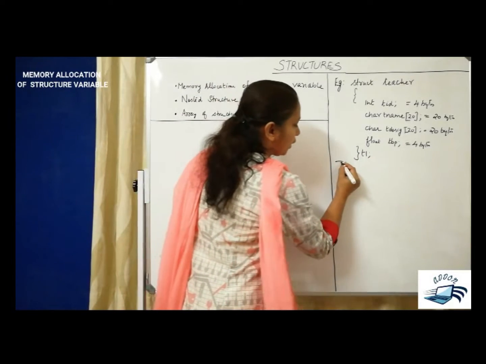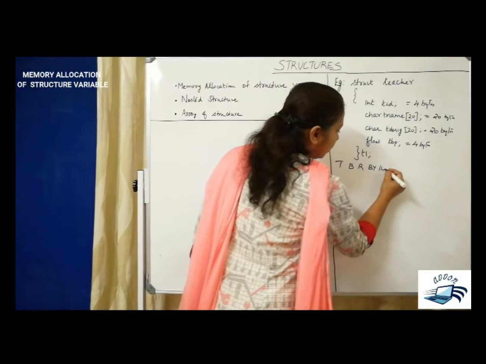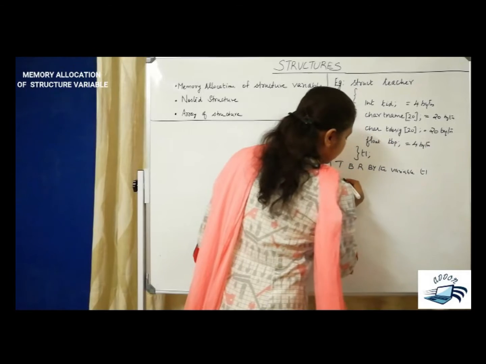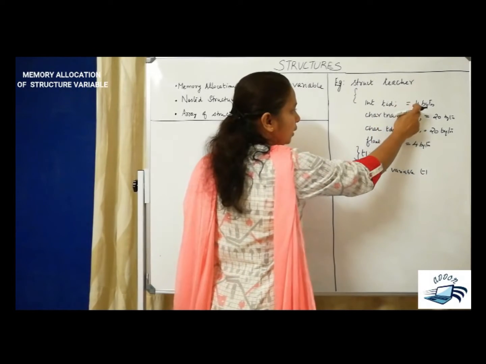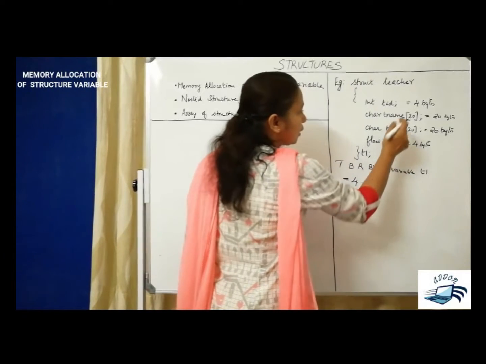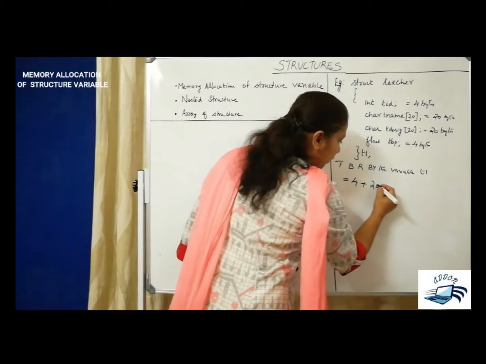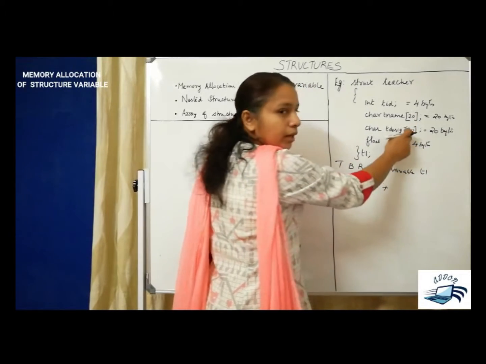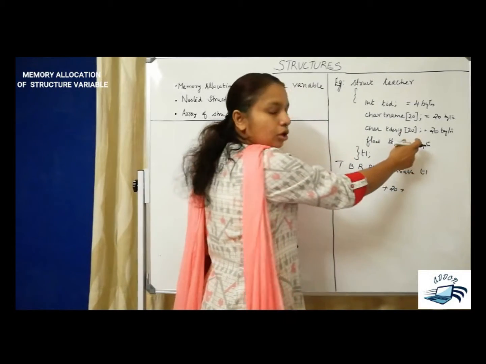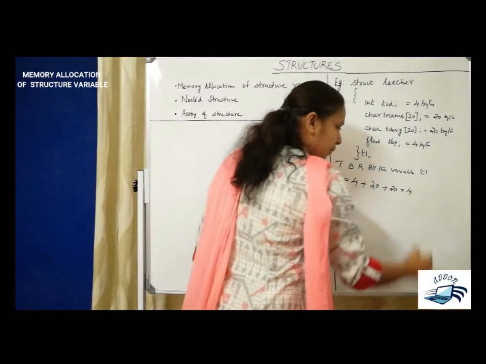So the total bytes required by the variable T1 is equal to the bytes required by TID, that means 4, plus the bytes required by TNAME, that means 20, plus the bytes required by TDESIC, again 20, plus the bytes required by TBP, that is 4.